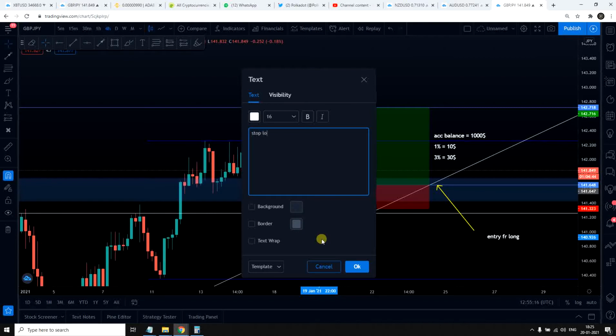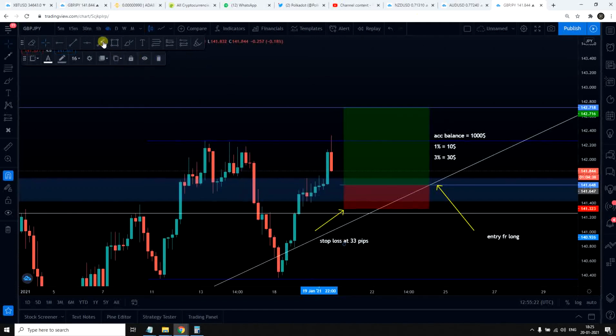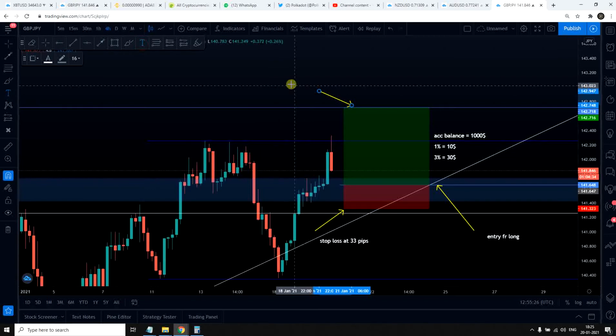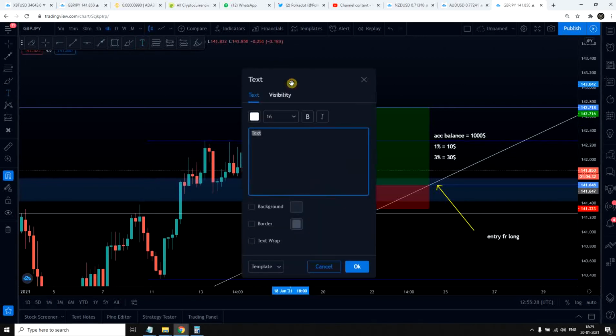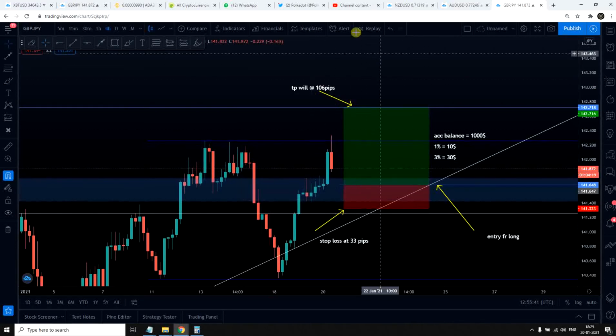Stop loss at 33 pips. I'm just doing this for your reference. And your take profit will be at 106 pips. Okay, so you will be more aware about your trade and risk management.